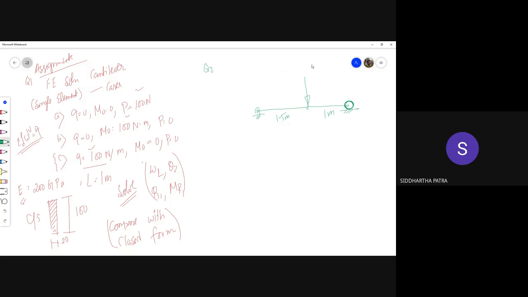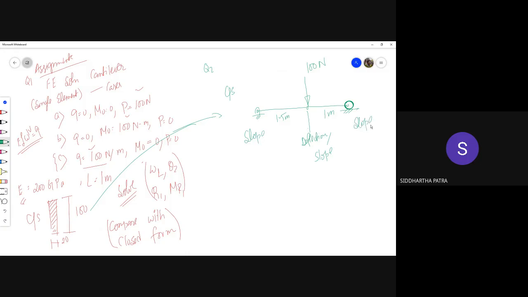I'm applying a load of 100 Newton. The same cross section from the first problem. And I need you to solve for the deflection over here, and slope over here, and slopes at the two ends.